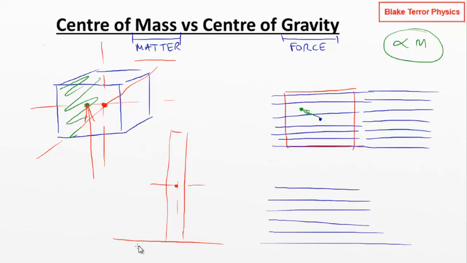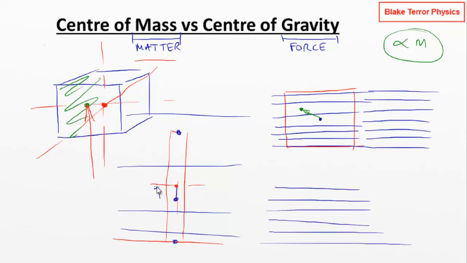Now, if this is high enough, we're getting these field lines spacing out. So the force due to gravity at the top of the skyscraper is less than the force due to gravity at the bottom. This is going to have the effect of shifting the center of gravity down, because there's more gravity being felt at the bottom than there is at the top. So it's going to move the center of gravity down compared to the center of mass.